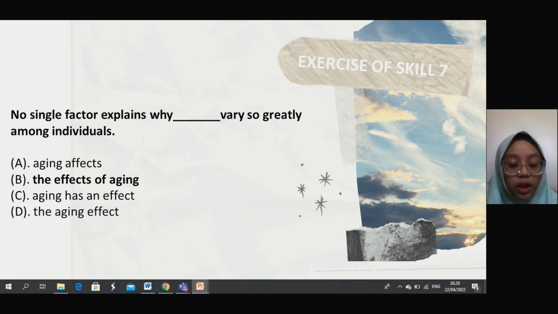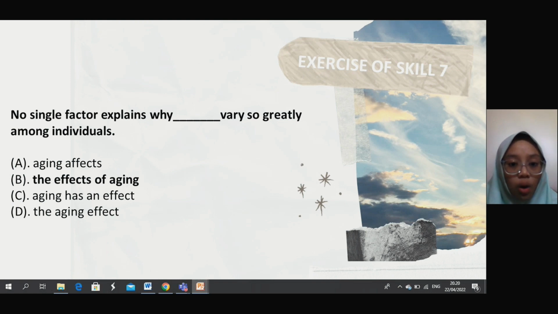Because there is the word effect here as a verb, then the verb is doubled. Why is C wrong? Because there is a has that indicates a verb. Then the verb is double. So focus on B and D.